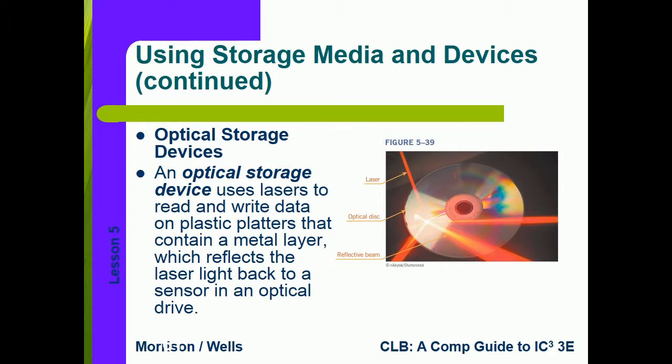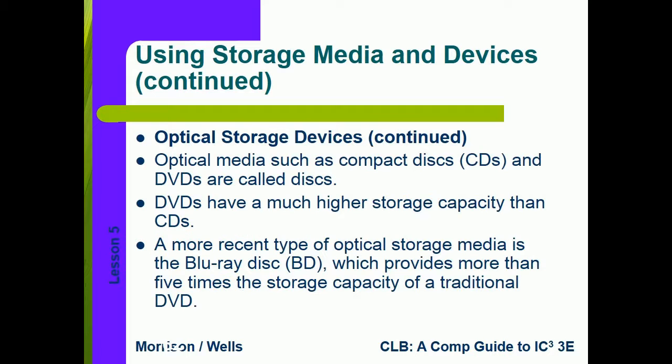Using storage media and devices, continued. 61. Optical storage devices. An optical storage device uses lasers to read and write data on plastic platters that contain a metal layer, which reflects the laser light back to a sensor in an optical drive. Using storage media and devices, continued. 62.